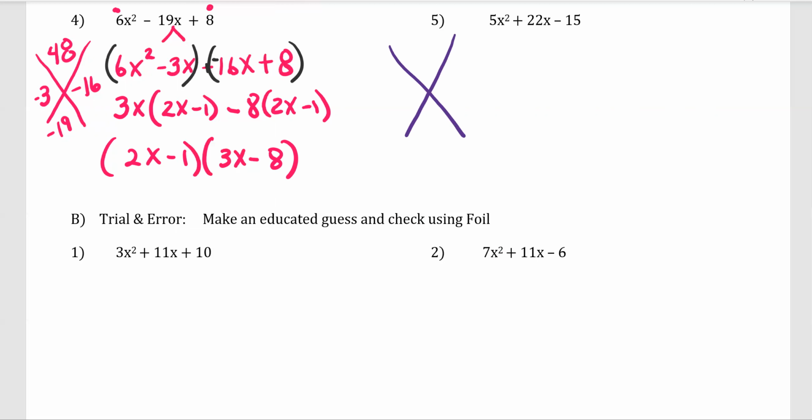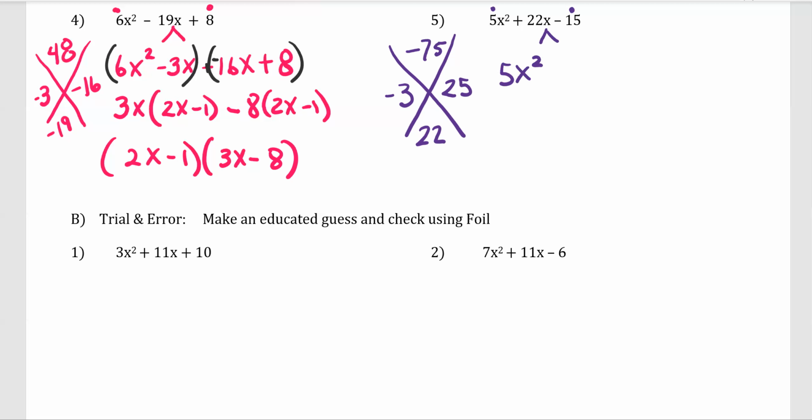Number 5. A is 5, C is negative 15. A times C is negative 75. We need the factors of negative 75 that add to 22. We have negative 3 plus 25 will give us 22.